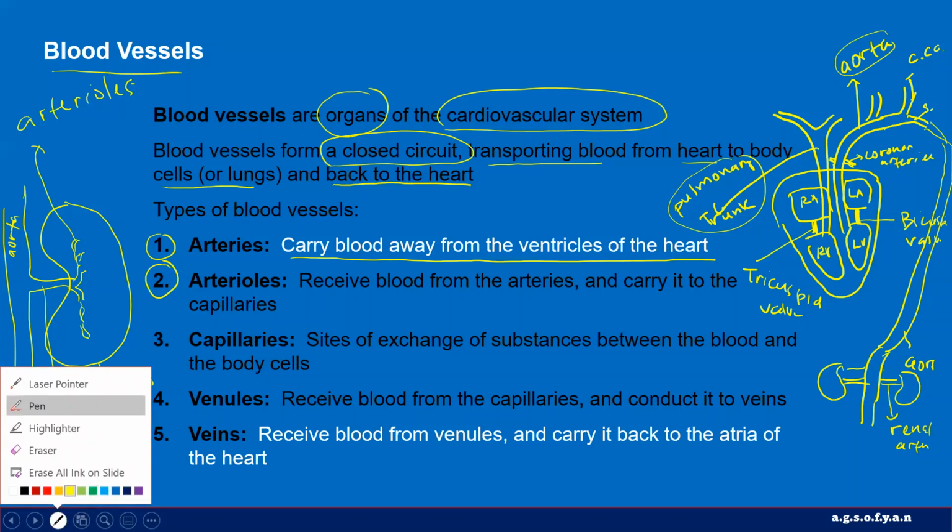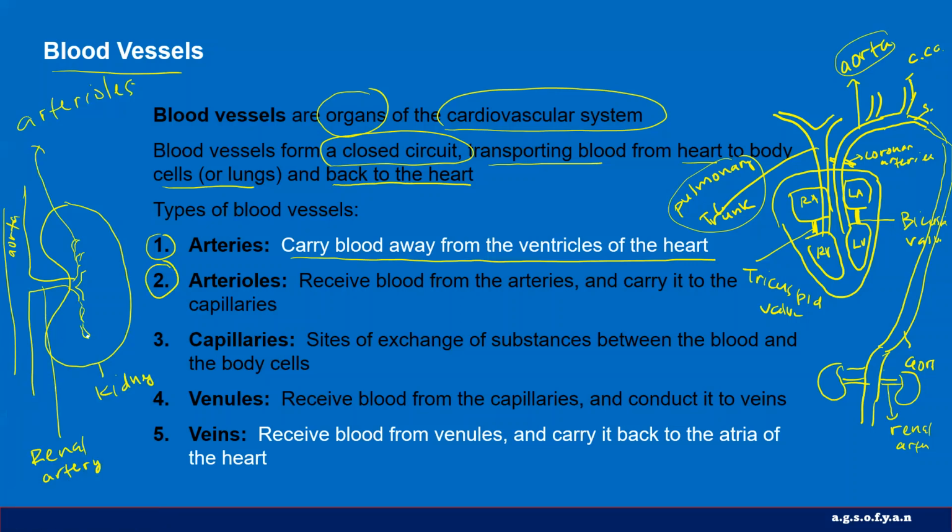And these arterioles then will combine with another smaller blood vessel, also really small, which I will draw in white color. This smaller vessel that combines with the arterioles is called the venule.